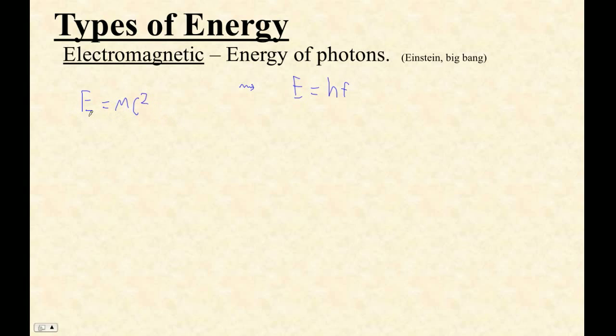This is an interesting thing, because if a small amount of matter goes missing in a nuclear reaction, multiply that by the speed of light squared. That's 3 times 10 to the 8th meters per second, and squared is 9 times 10 to the 16th. That's an enormous number. So some small amount of matter missing in a reaction means you've released a tremendous amount of energy.